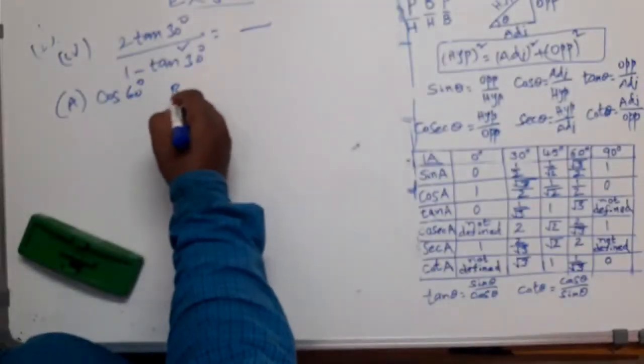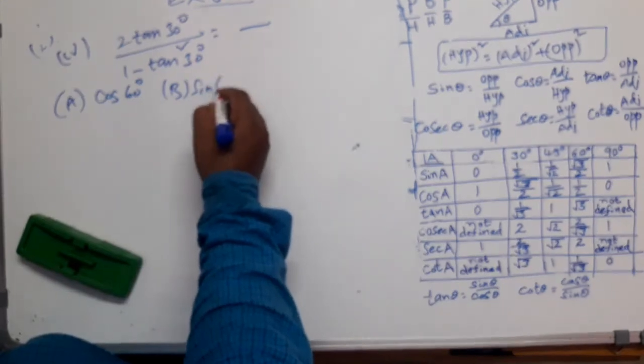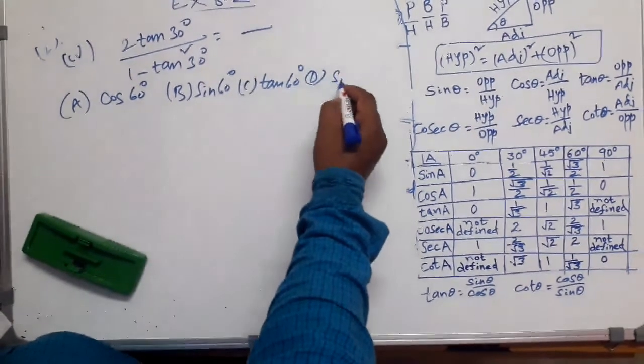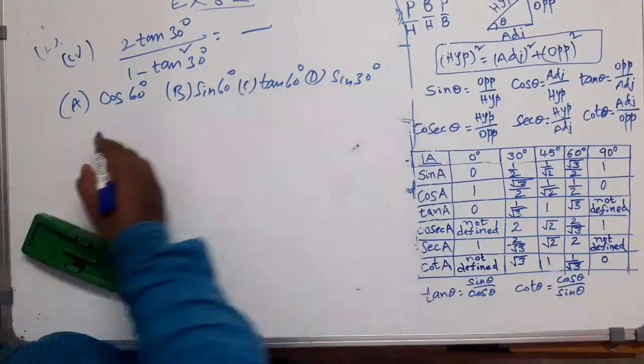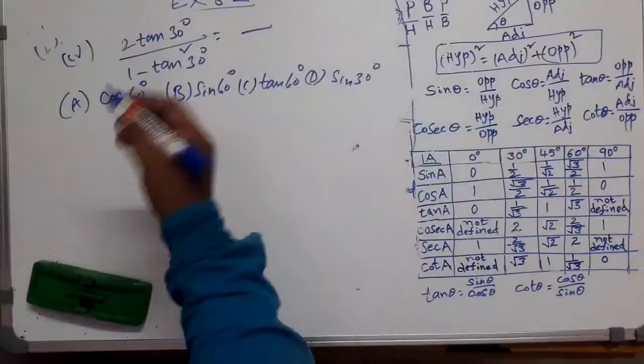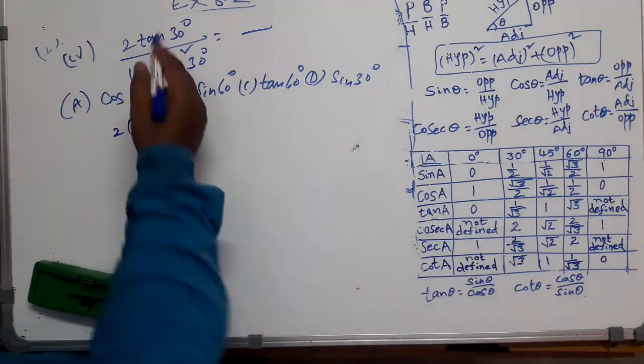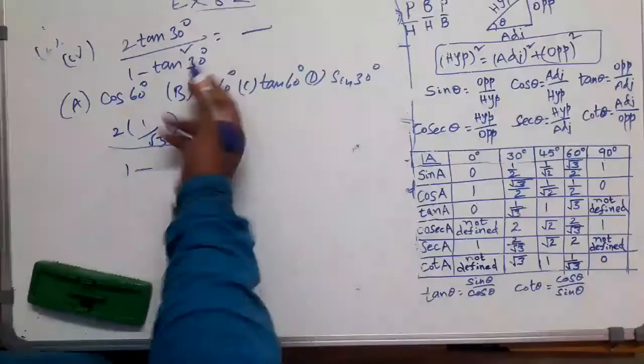Option A cos 60 degrees, option B sin 60 degrees, option C tan 60 degrees, and option D sin 30 degrees. This is the question given. Let us simplify. Substitute the values from the table. 2 times tan 30 degrees is 1 by root 3, upon 1 minus tan square 30 degrees.